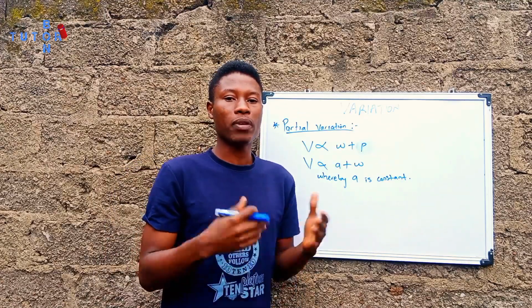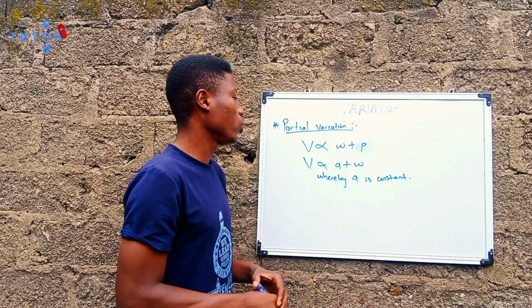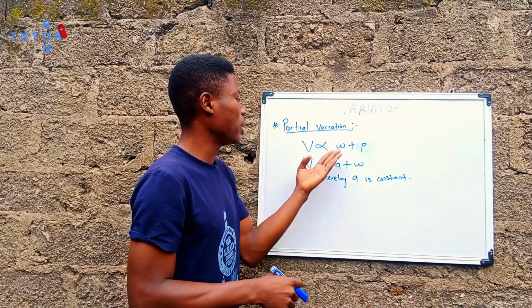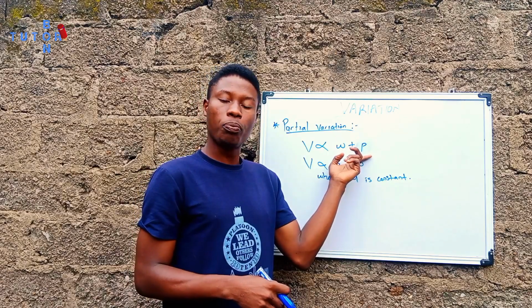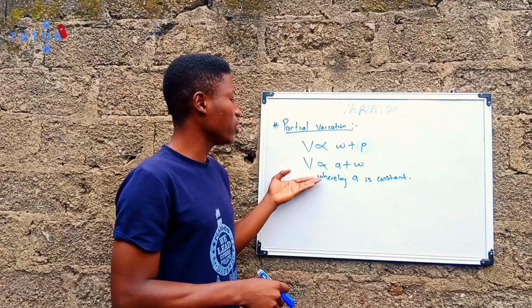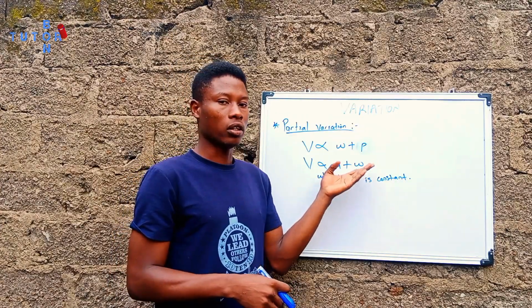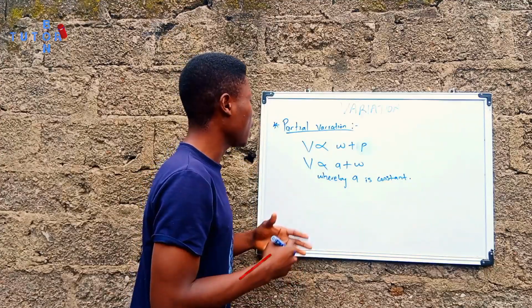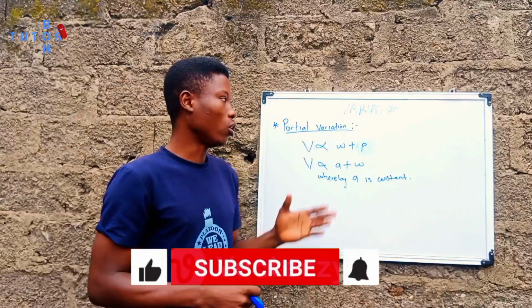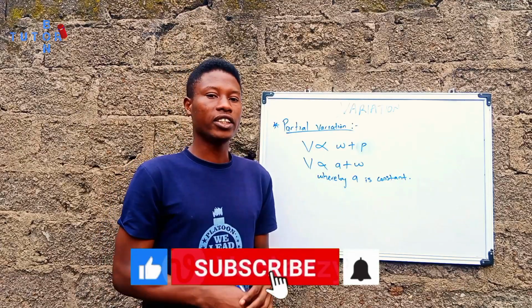These are two types of partial variation that we have. So we can say V varies partly to W and also partly to P. Or we can say V varies partly constant and partly varies to W. And we can have an example on this to illustrate this better.